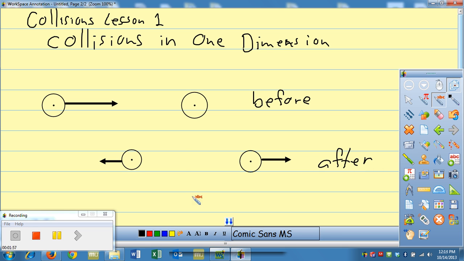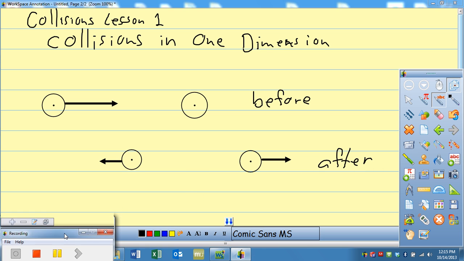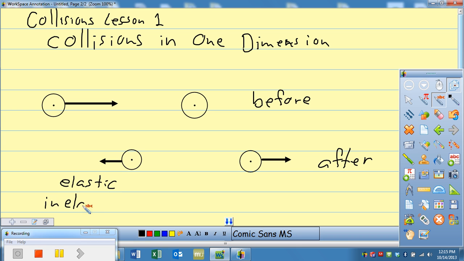The thing about these collisions is that one of the things you always have to know is: is it an elastic collision or is it an inelastic collision? So we have two possibilities, elastic or inelastic. In both of them, momentum is conserved.